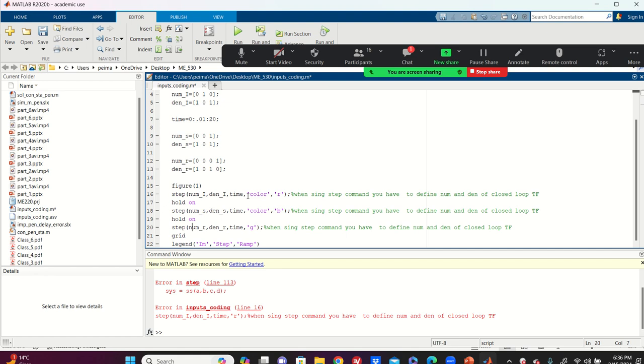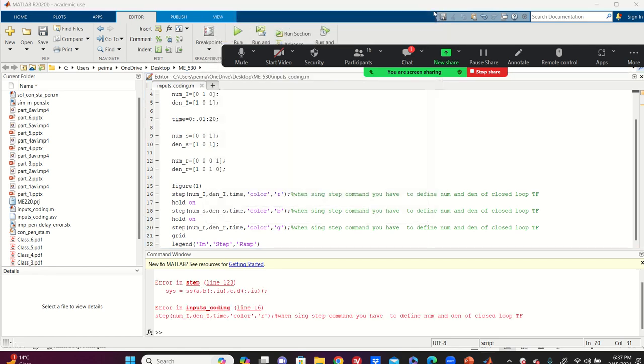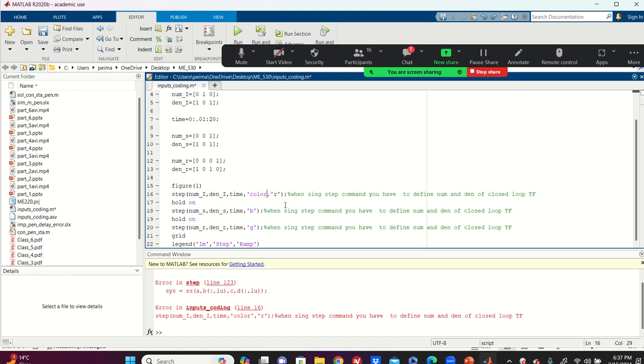Color and color. Maybe it doesn't accept color. I don't want to challenge myself now for this. Okay.